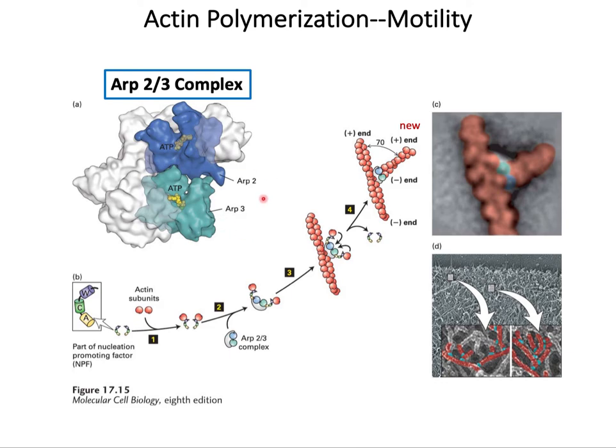It is made up of 7 proteins, and here is a structure generated from the X-ray crystallography of the ARP2/3 complex. 5 of the protein subunits are shown in gray, and 2 of them, the really important subunits, the workhorse of this protein, are shown in green and blue. They are ARP2 and ARP3. The acronym ARP stands for actin-related protein. So this is how this complex is named, the ARP2/3 complex.